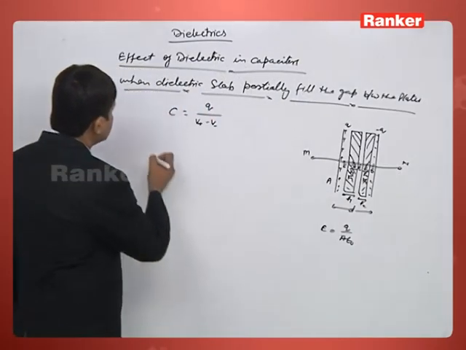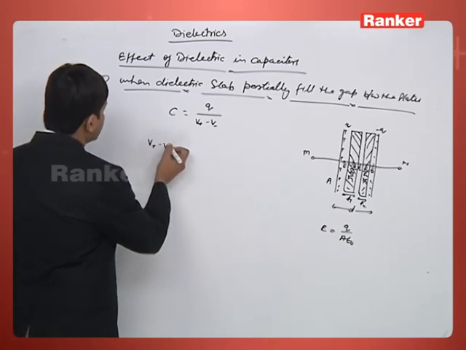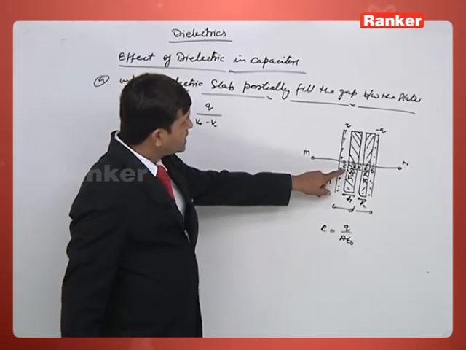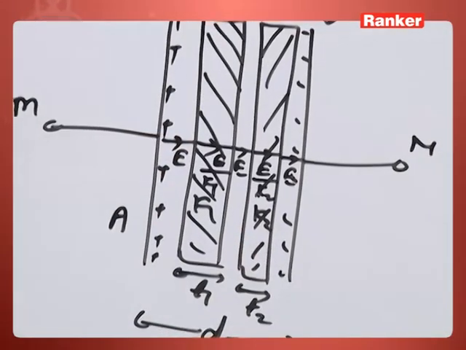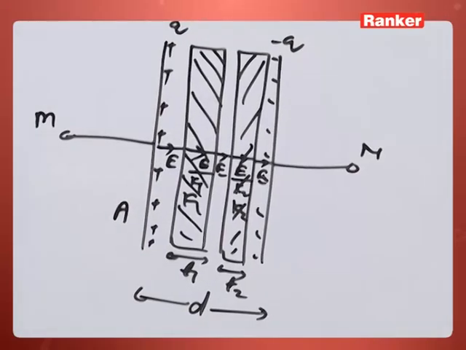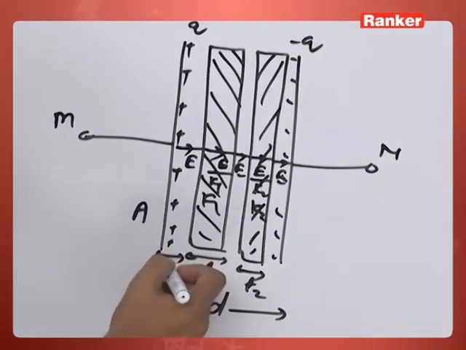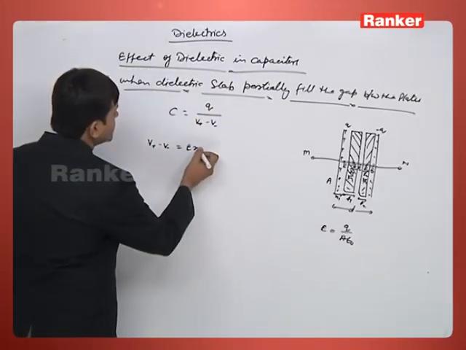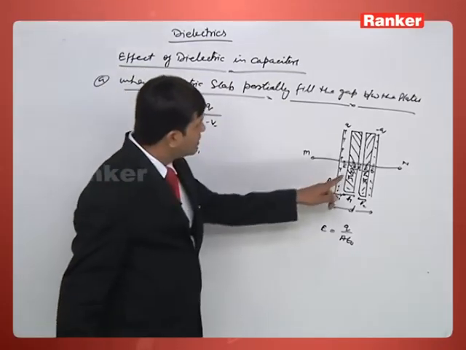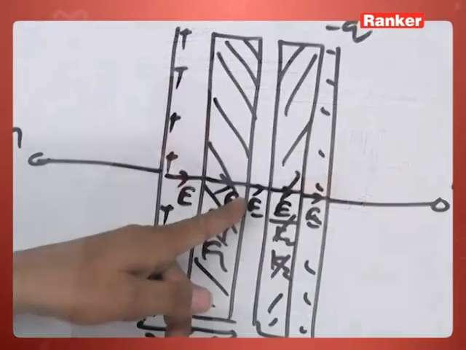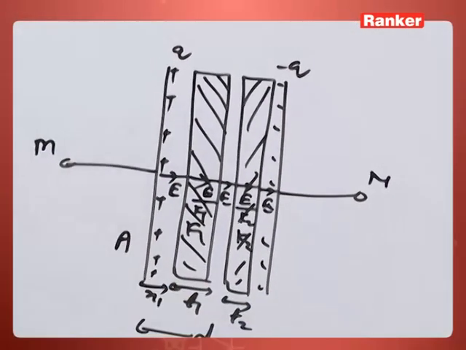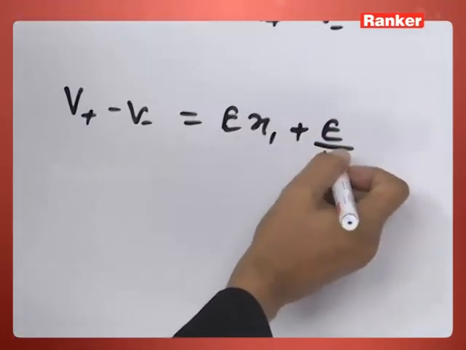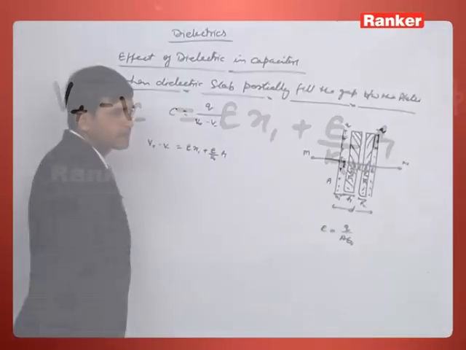So we can say the potential difference between the plates is given by this electric field. First, the potential difference between these two surfaces, from here to here, let the gap be x1. So what is the potential difference here? E into x1. Now from here to here the electric field is E by K1 and the thickness is T1, so this can be written as E by K1 into T1.